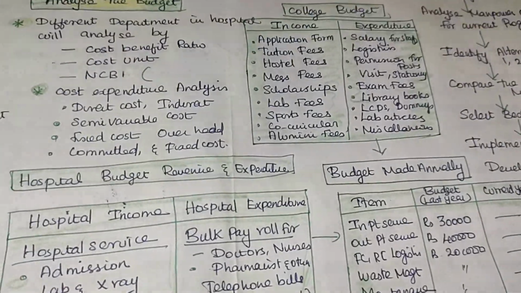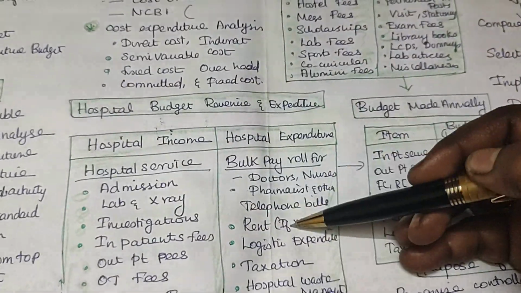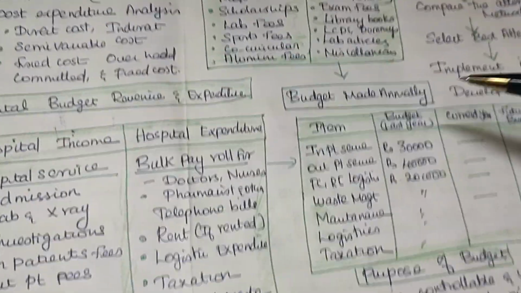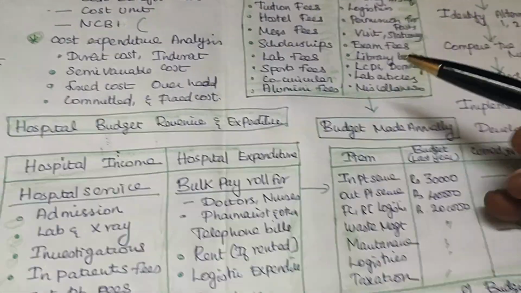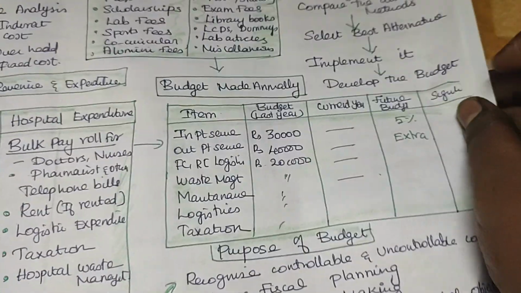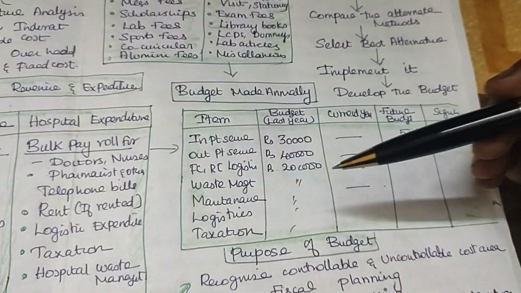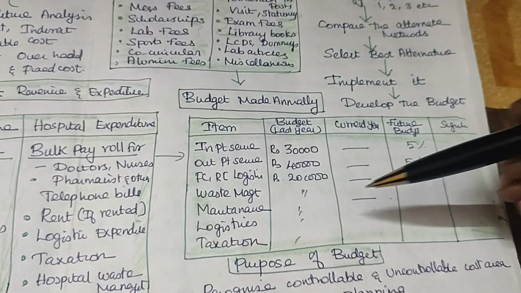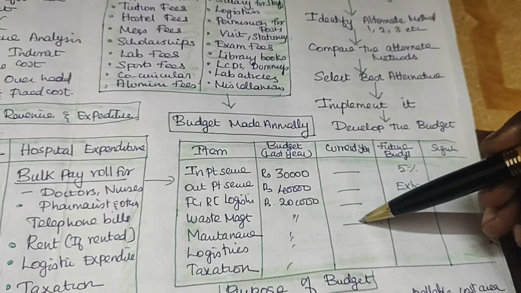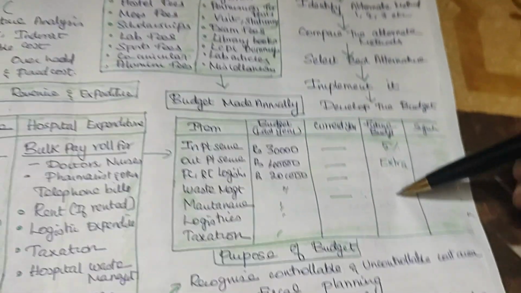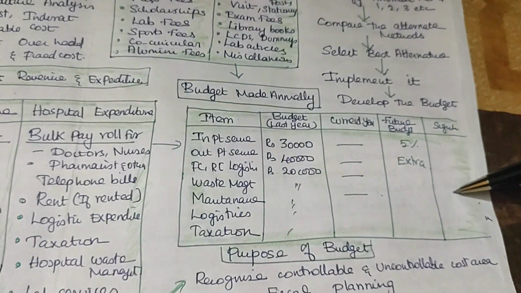You have to explain it clearly, along with the income and expenditure, whether they are asking about the hospital or the College of Nursing: how the income is coming to the College of Nursing and what all the expenditure is. With the help of that, you have to make a budget which should clearly show the budget of last year, the budget of the current year, and the future budget you are making for the next year, with your signature.